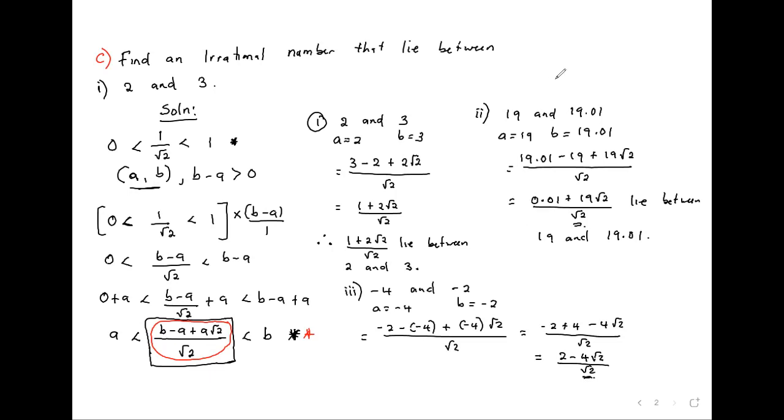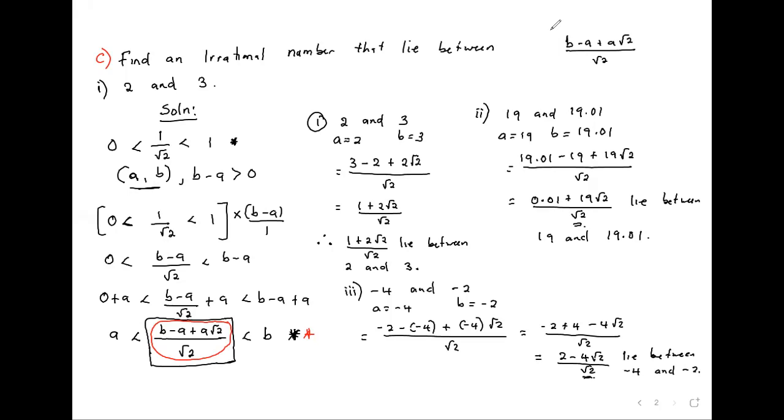This number lies between -4 and -2. So all I need to remember is the formula: B minus A plus A √2 over √2.